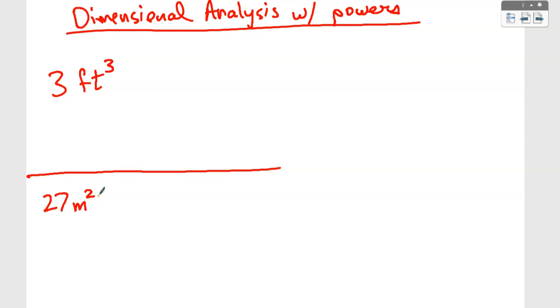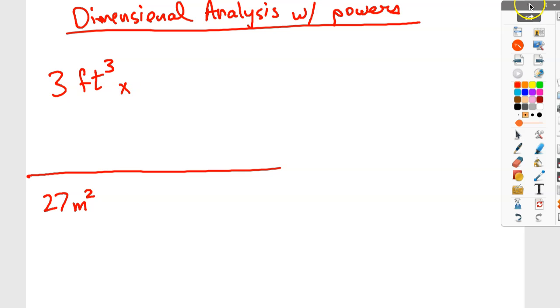You can use the same idea we've been using for dimensional analysis. We need to cancel out feet. What are we going to convert it to? Let's go from feet cubed into meters cubed.